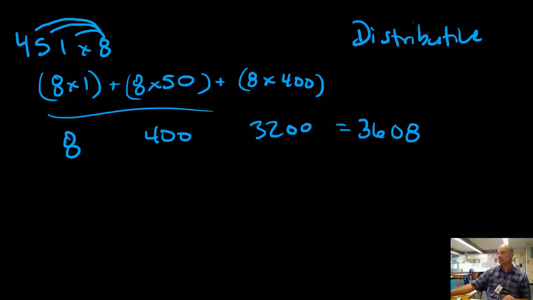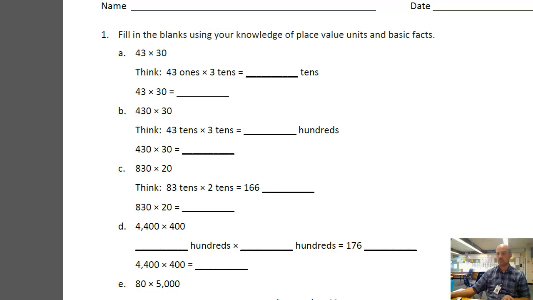When this relates to the homework, which I know many of you are here to look for, a homework helper, as it relates to your homework, what you're looking at here is the same kind of thing. I have 43 times 30, and this is saying, hey, use your knowledge of place value units and basic facts to fill this out.